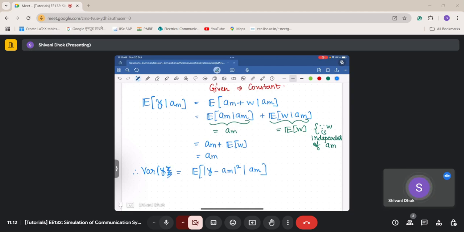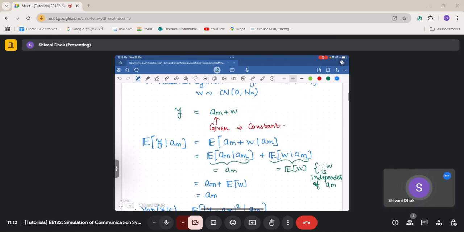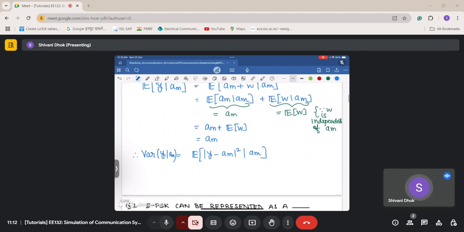Yeah, so this is given AM. Okay, now your Y is equal to AM plus W, which means that your W will be equal to Y minus AM. So here your Y minus AM is simply equal to W.